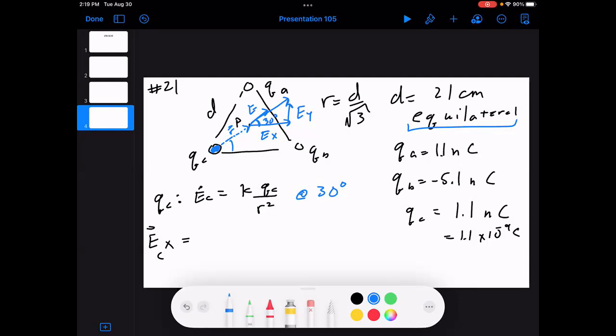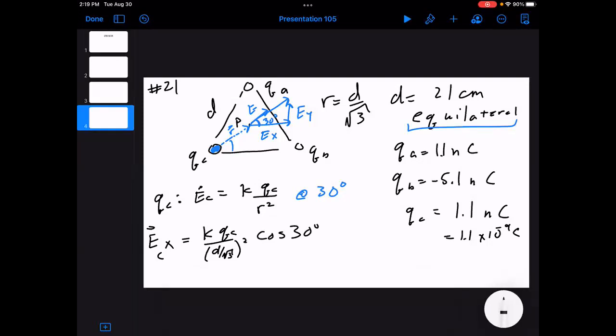How would I find the X component? With a sine or a cosine? Cosine, right? So I take the hypotenuse of the triangle, kQ over, and I'll make the substitution now, d over root 3 squared, times the cosine of 30. Okay. And y would be the same thing, but with the sine, right? d over root 3 squared, sine 30.